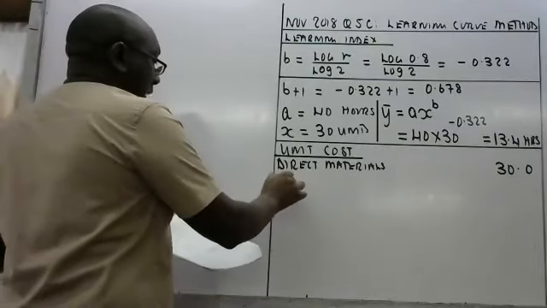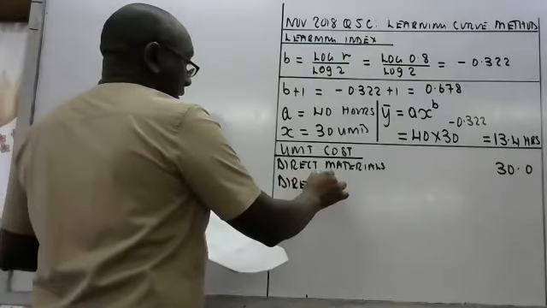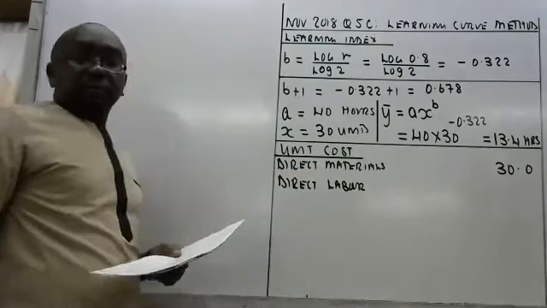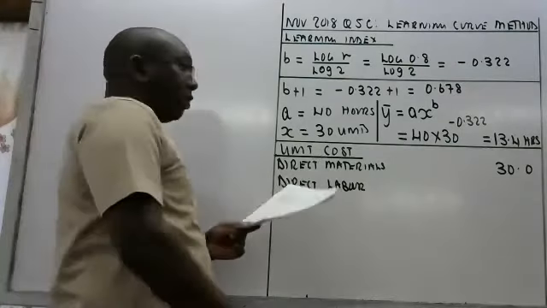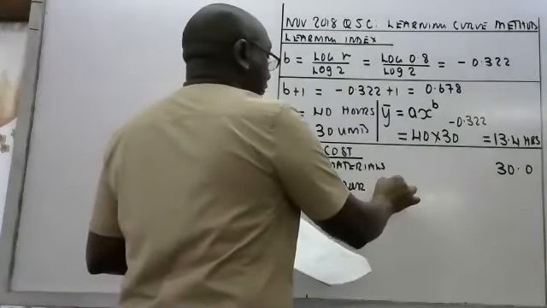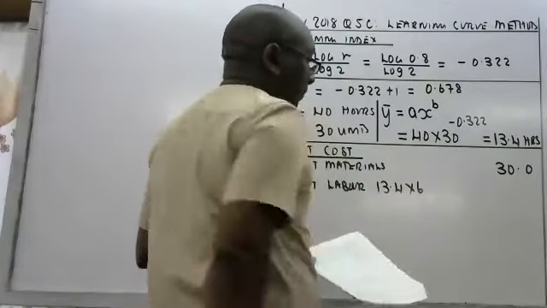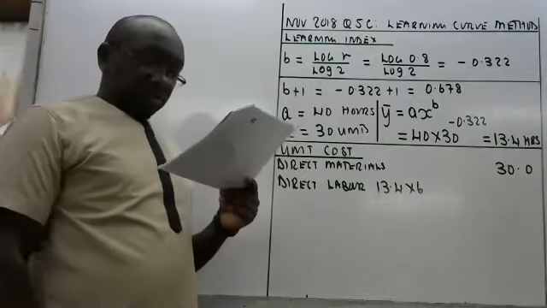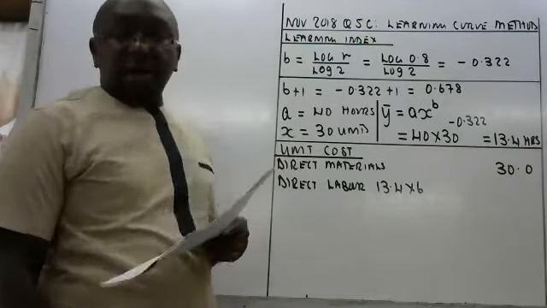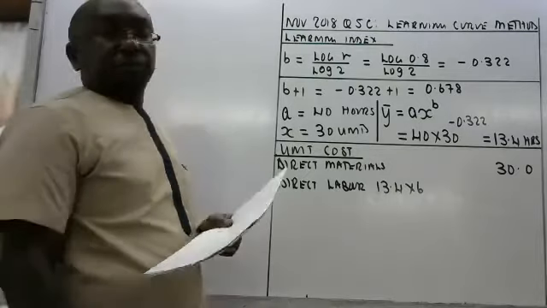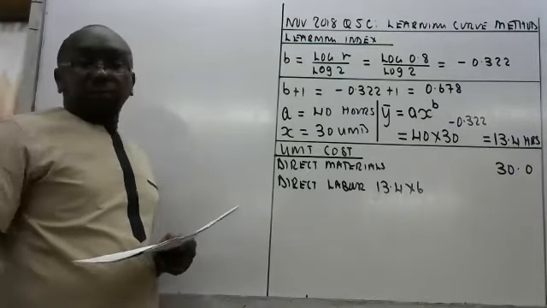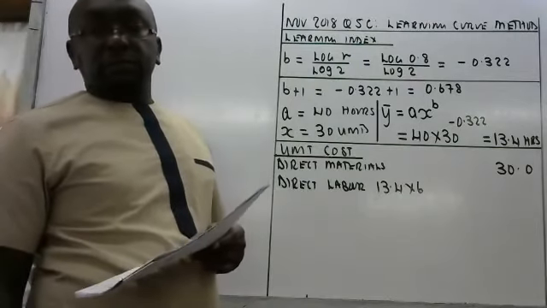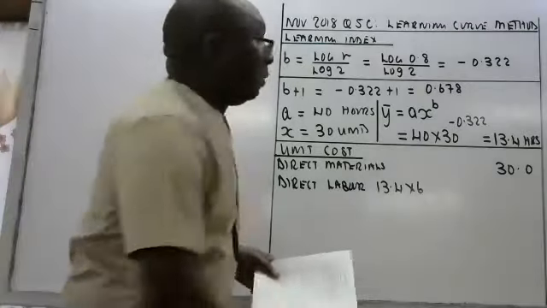Then direct labor will be 13.4 times 6. 13.4 times 6 is how much? $80.4.